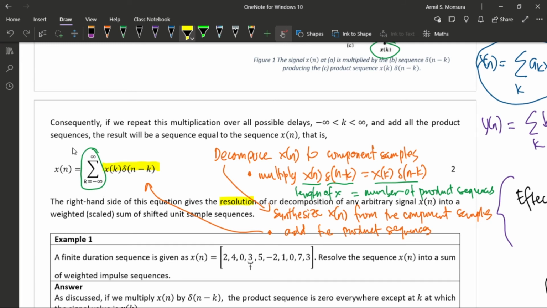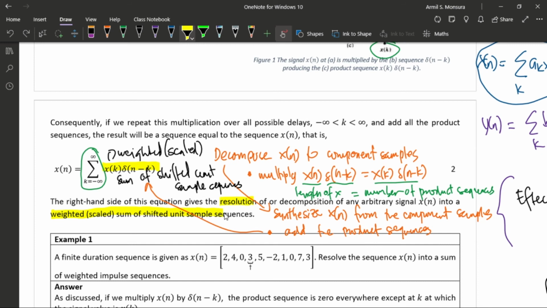So this equation actually serves to show two operations in your signal. So essentially, itong sequence na to, tatawagin natin siya ngayong weighted or scaled sum of shifted unit sample sequences.